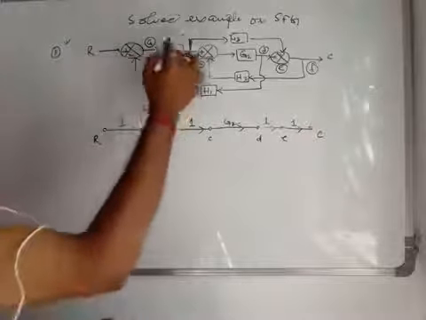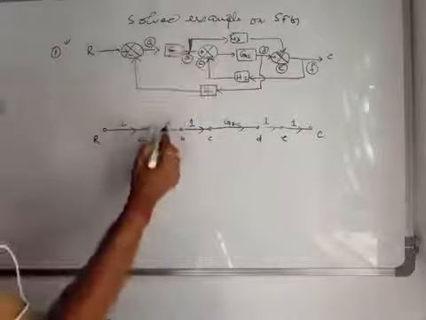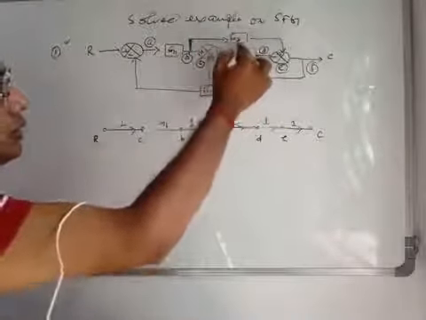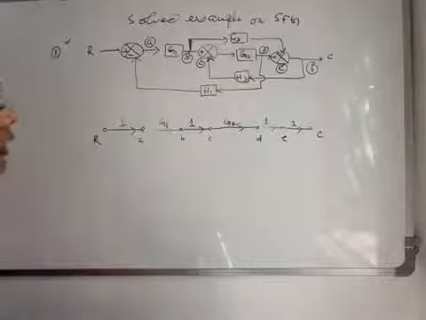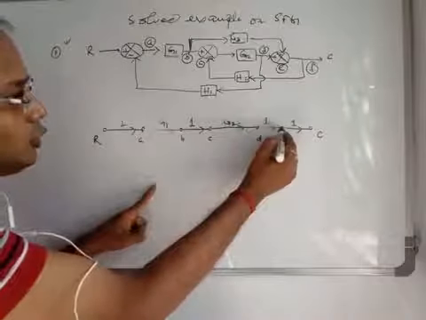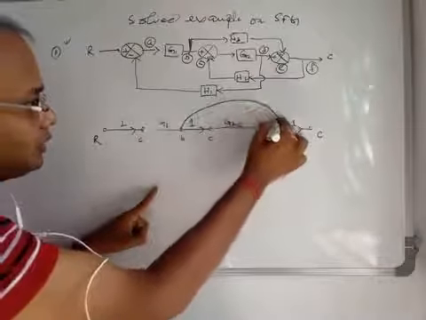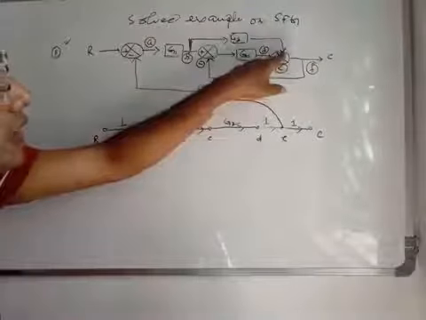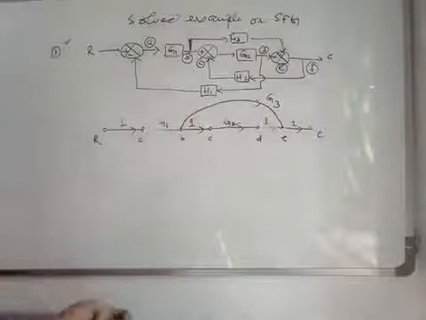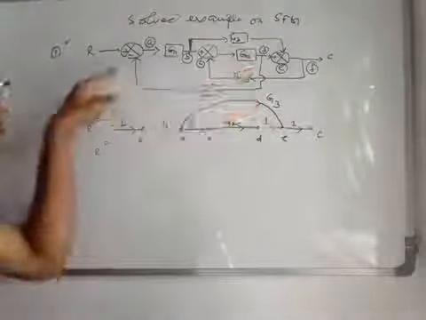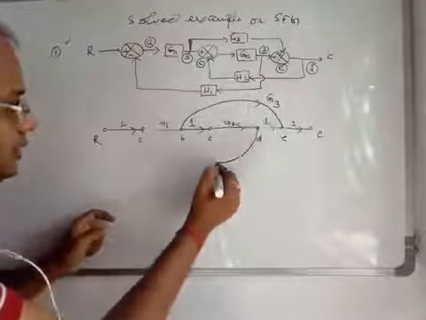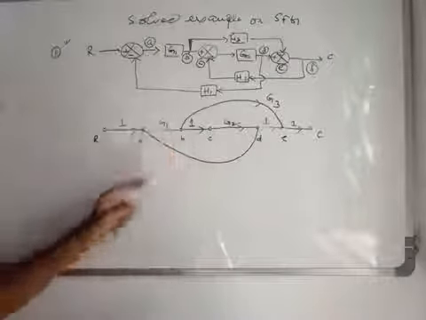And you see A to B, this is branch gain G1. B to E, there is a path or branch which has gain G3. So you just move from B to E. Now see, this sign is positive, that means the branch gain is G3, no problem in it. Next, D to A, there is a path or branch.